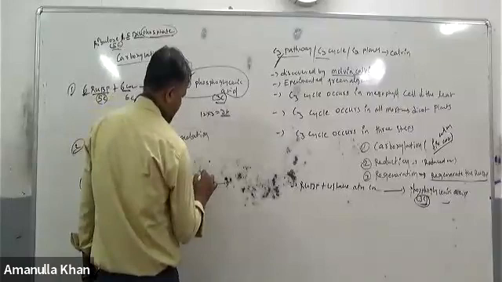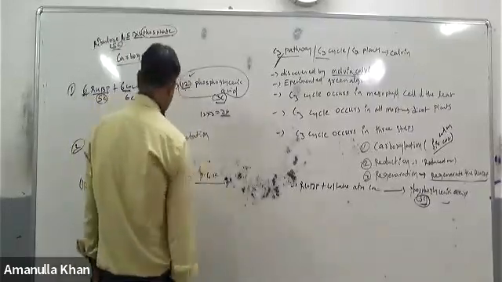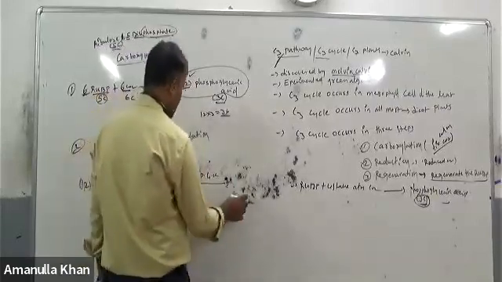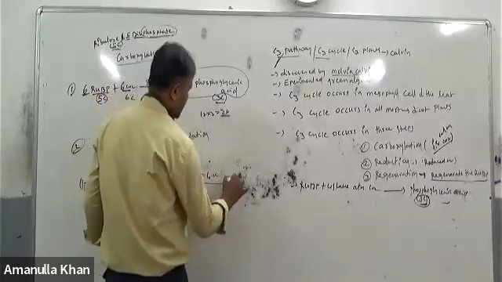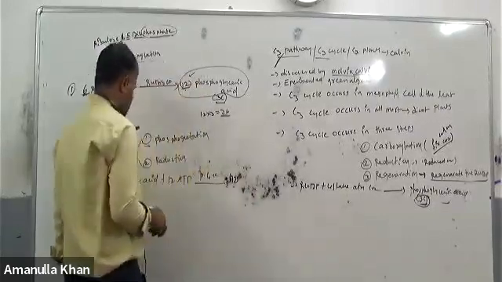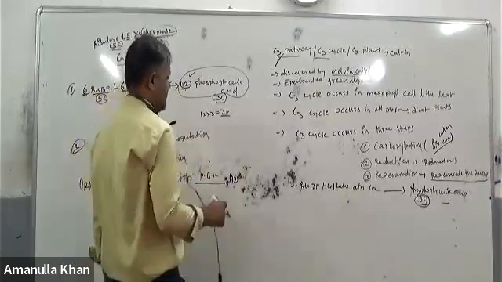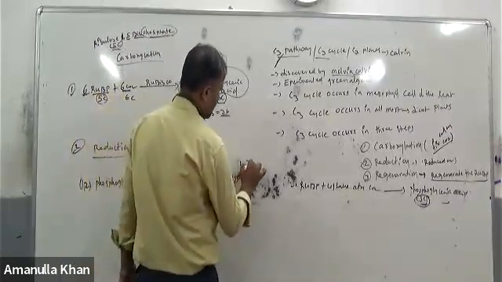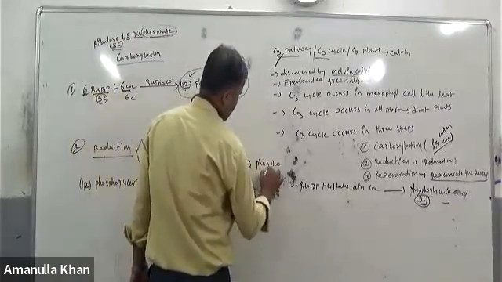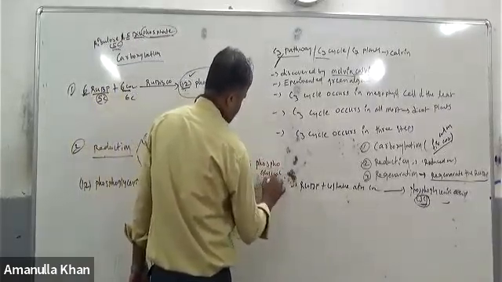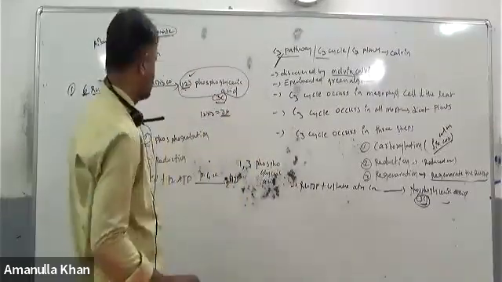The product formed is 12 molecules of 1,3 phosphoglyceric acid. Okay. See here.